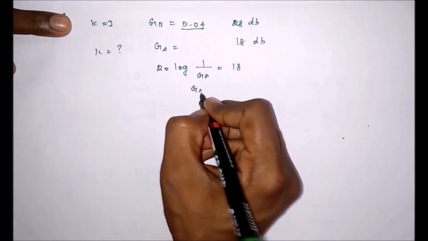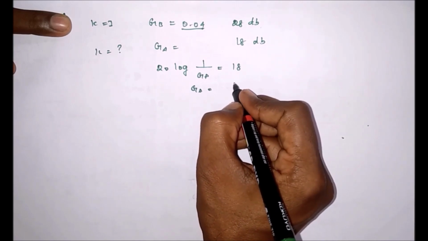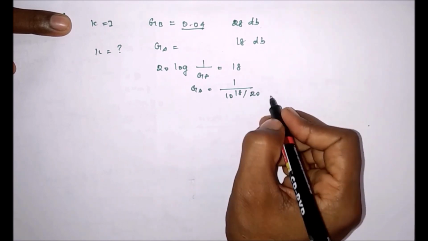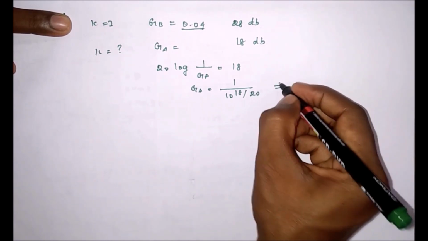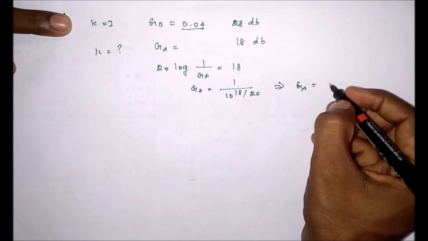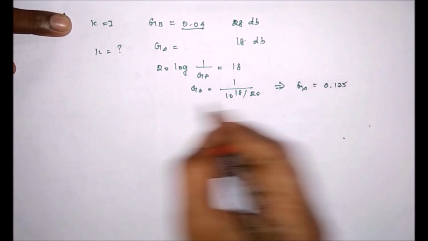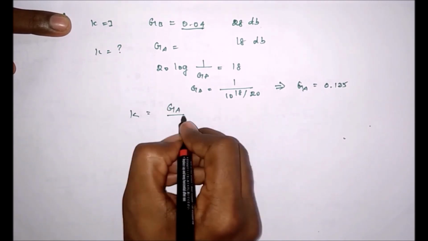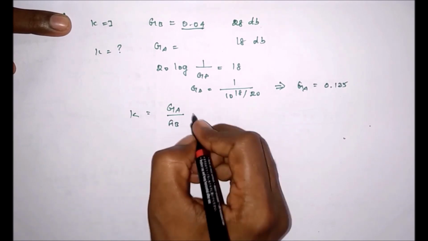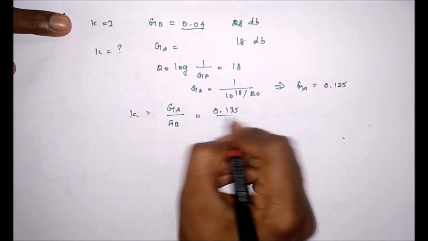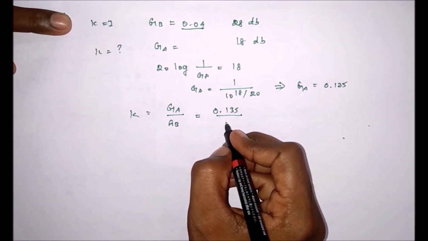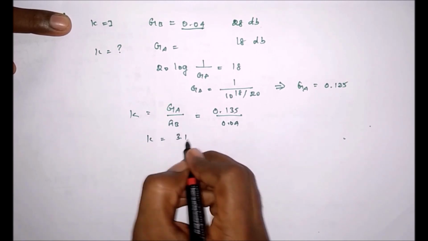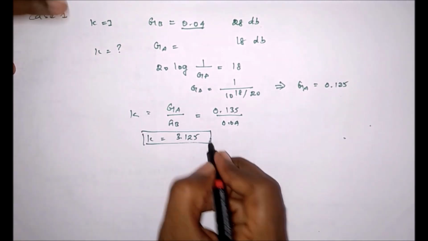So from this we can calculate GA equal to 1 divided by 10 power of 18 divided by 20. So now GA equal to 0.125. To calculate K, the formula to be used is new gain divided by gain at K equal to 1. So new gain is 0.125 divided by gain at K equal to 1, which is 0.04. So now K equal to 3.125.